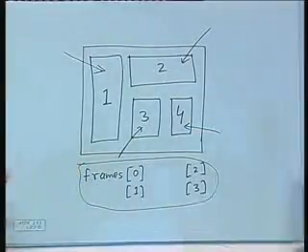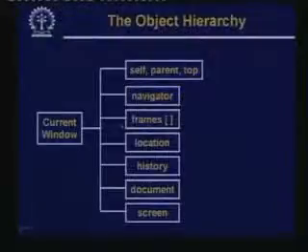Now, in the truest sense, each individual element of the frame array is also a window. So, actually this frame array whatever we are talking about, this is actually an array of windows which are actually frames embedded inside a bigger window, right. So, we can have this frames array object inside the window.